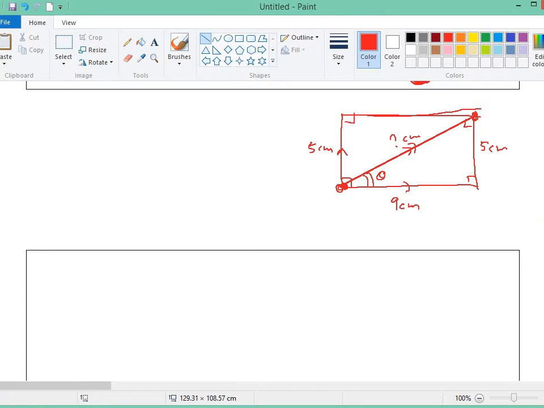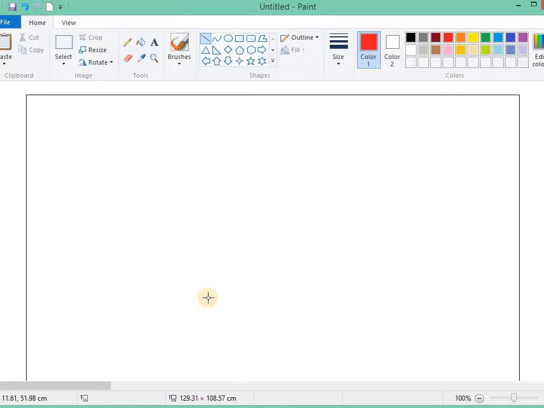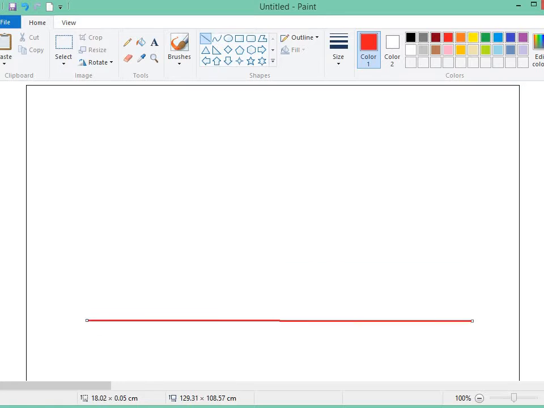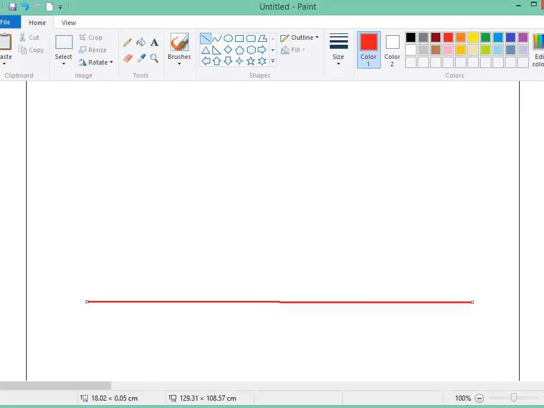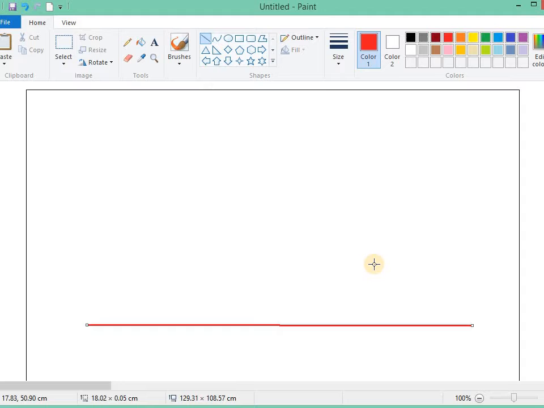Okay, 9 centimeter. I draw a long line first, and then I measure 9 centimeter.